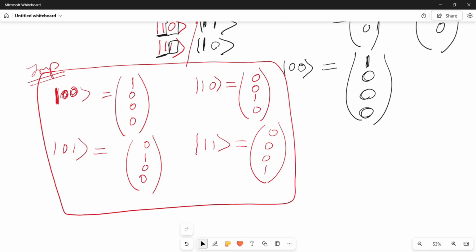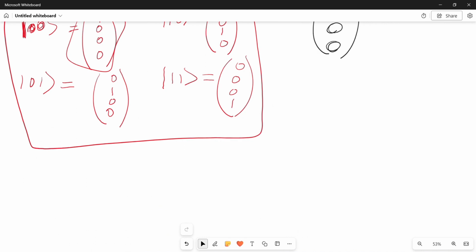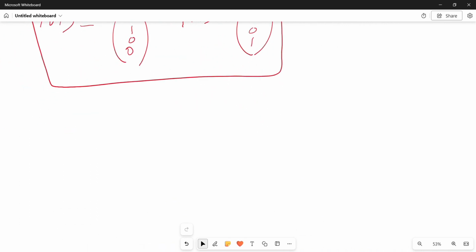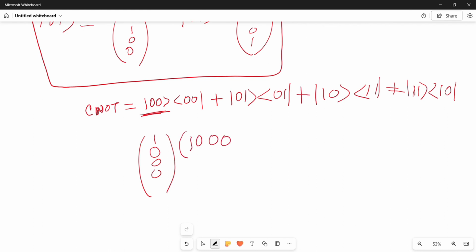What we have to do is substitute these matrices in place of the input, and we'll derive the matrix. So a direct notation for this CNOT would look like this. Here, instead of 0 0, just substitute 1 0 0 0, and here 1 0 0 0, and similarly I'm doing it for all.